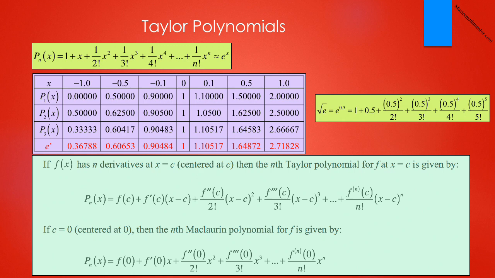So the Maclaurin polynomial centers at c equals 0, and the Taylor polynomial will center it at some other value other than 0. But the formulas are the same.